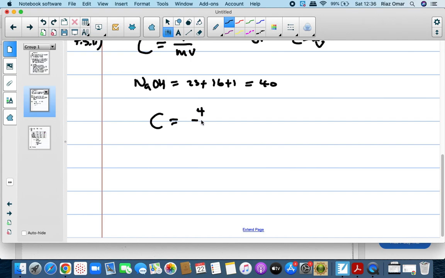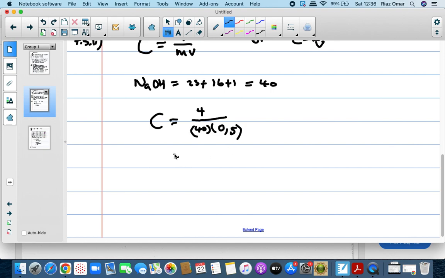4 grams. And actually your molar mass will be 40 grams per mole times your volume, which is 500 centimeters cube. You take 500 centimeters cube and you divide it by 1000, you get 0.5.